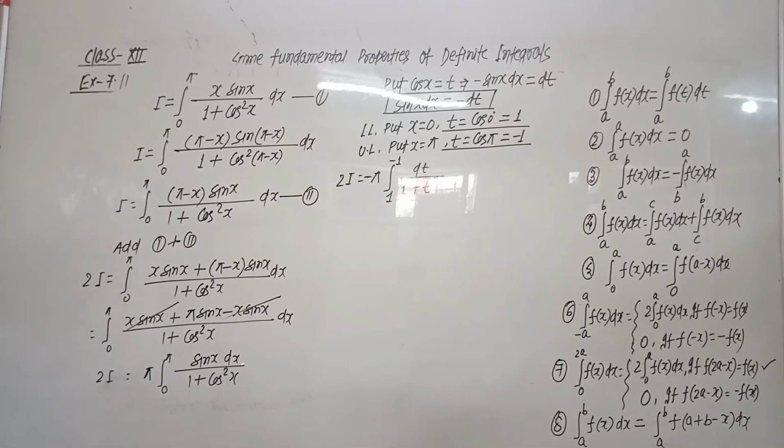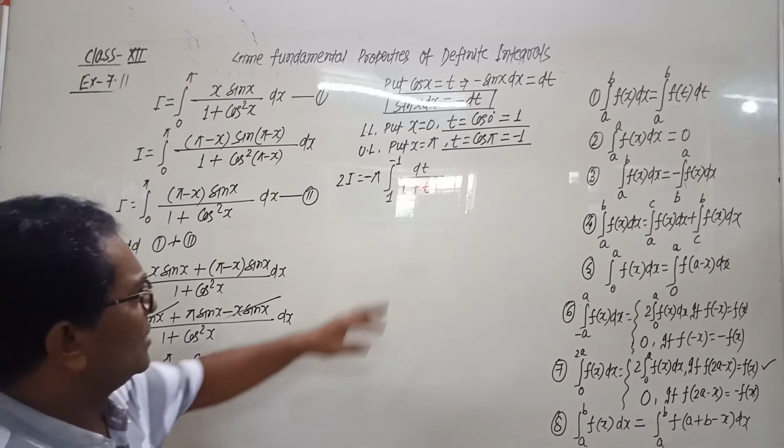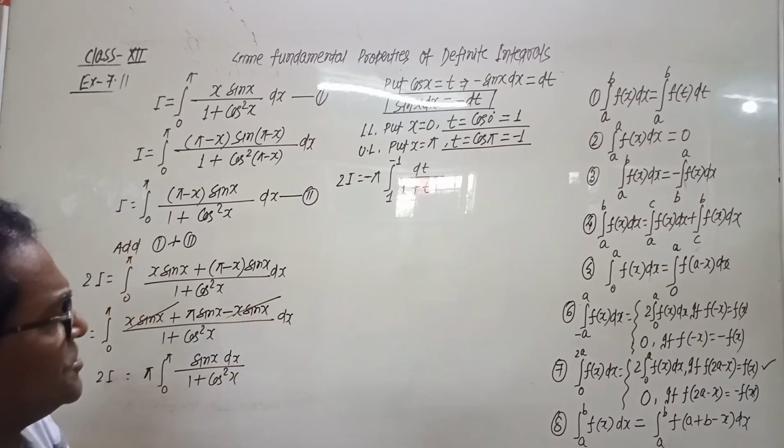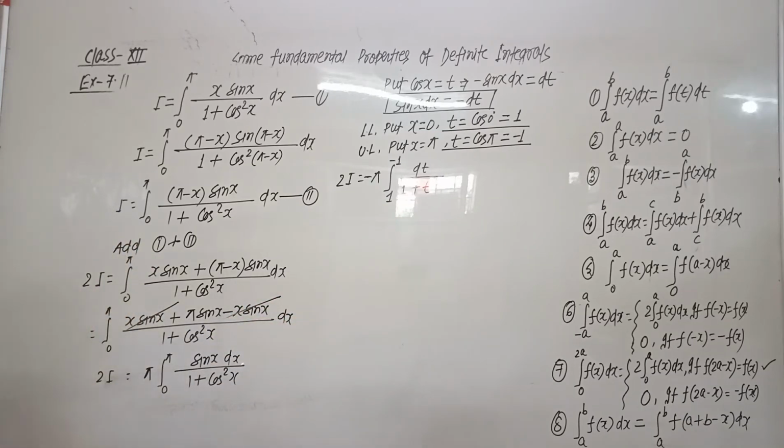So 2I equals to minus pi integration dt upon 1 plus t square. Now this is the form dx upon 1 plus x square.